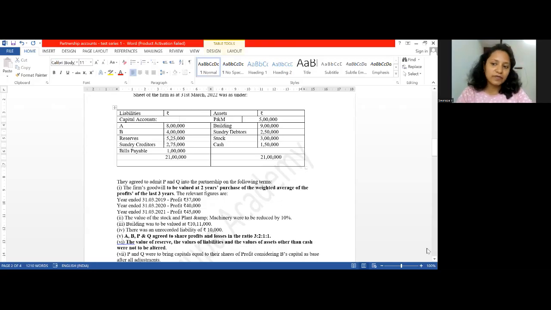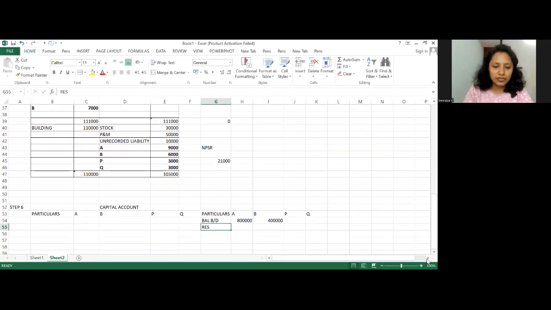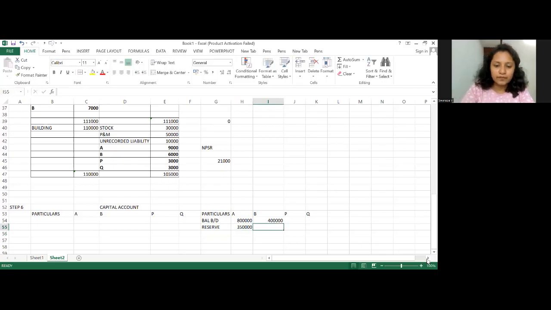So whenever there is a reserve, the reserves should be distributed among the partners in their old profit sharing ratio. So the reserve account should be closed and distributed in the old profit sharing ratio, which is 5,25,000 into 2 by 3 and 5,25,000 into 1 by 3.